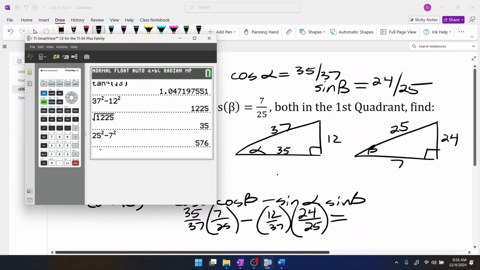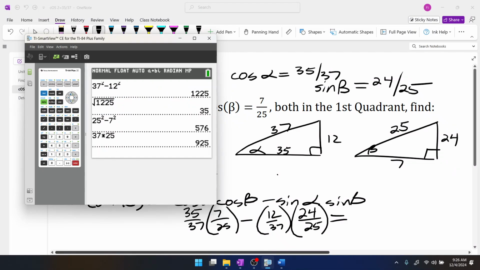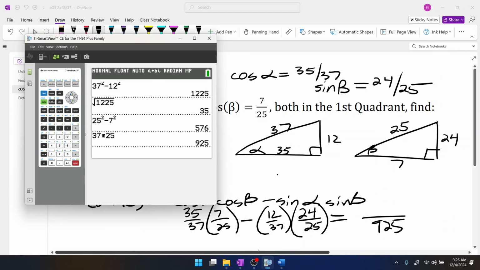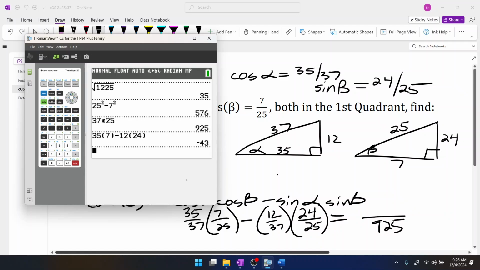So we know the denominator is going to be whatever 37 times 25 is, 925. So for the numerator, you have 35 times 7 minus 12 times 24, and that's going to be negative 43.